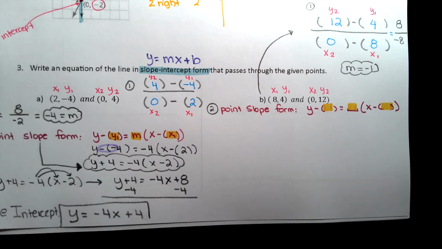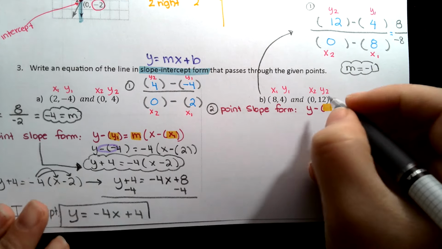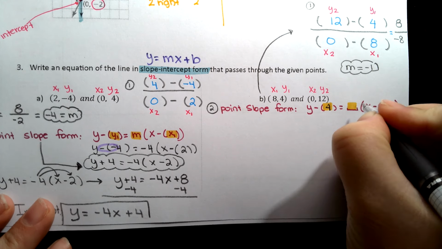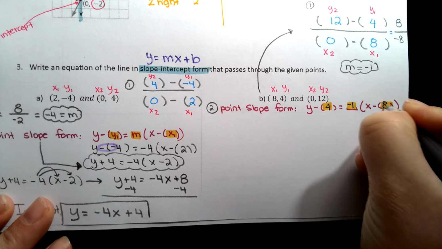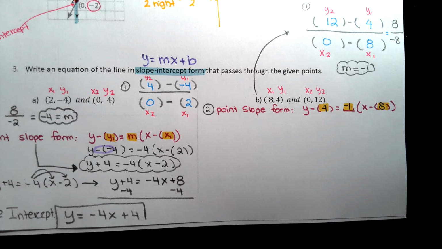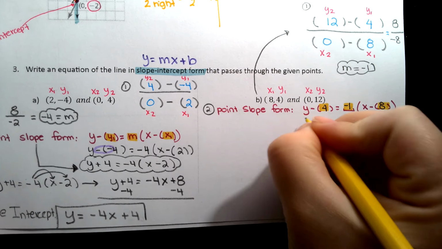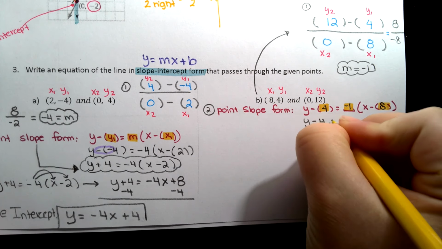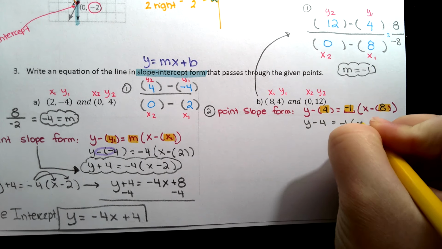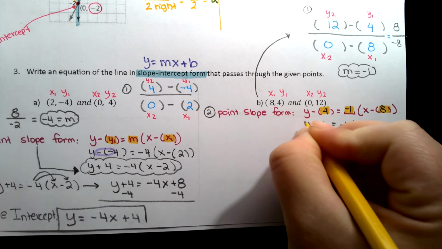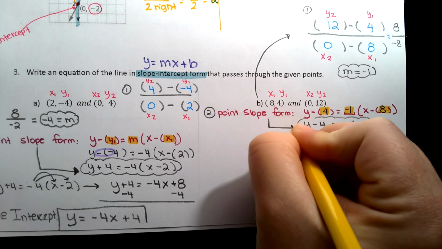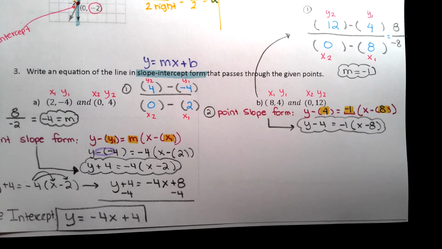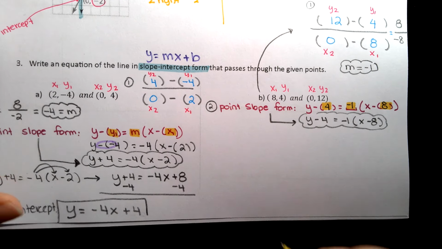And I'm going to put in y1 was 4, slope was -1, and x1 was 8. There are no double negatives here, so I can remove extra parentheses. Y minus 4 is equal to -1, open x minus 8. This right here is not your answer. This is in point slope form. What they want is slope intercept form. So y equals mx plus b is what they want.